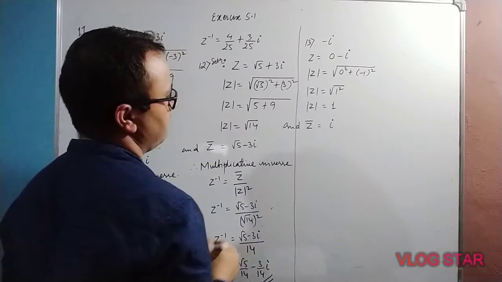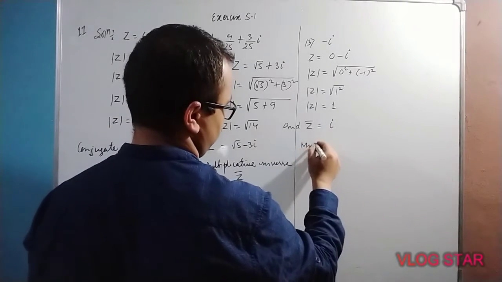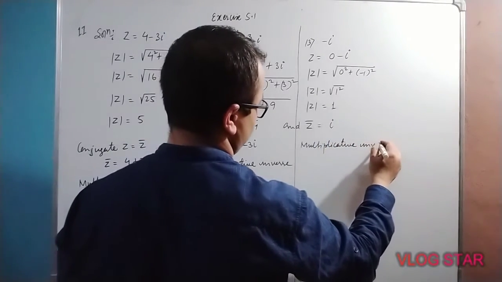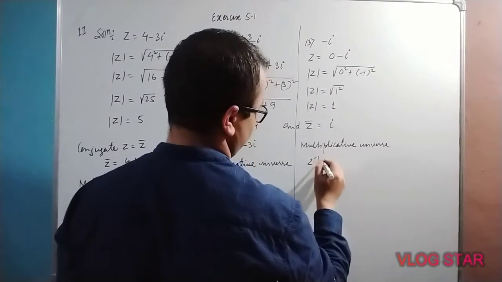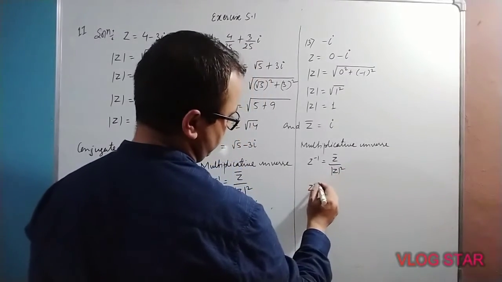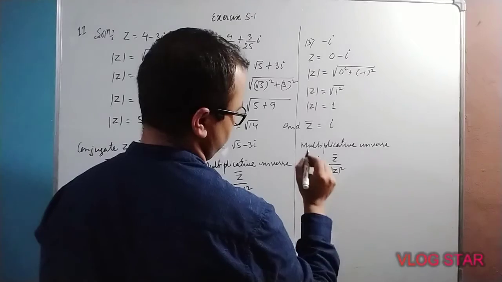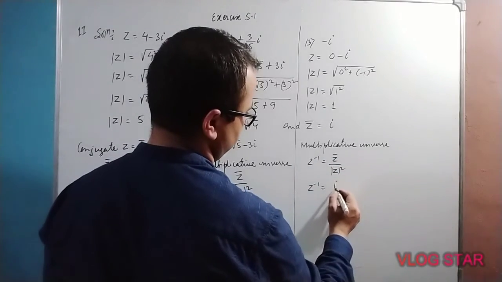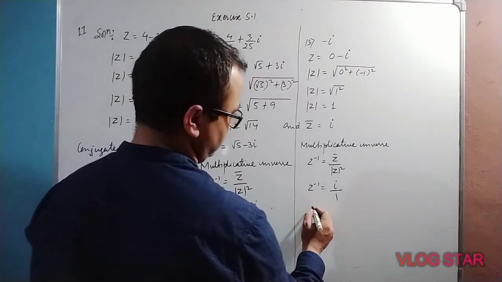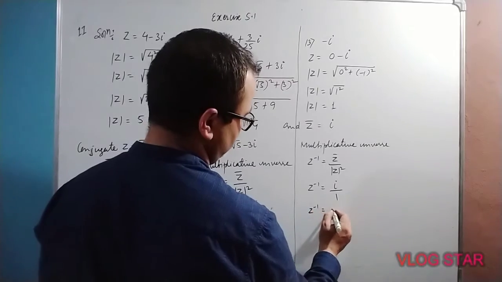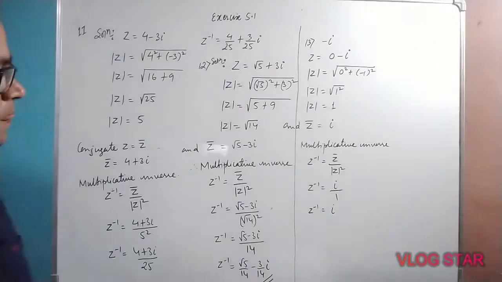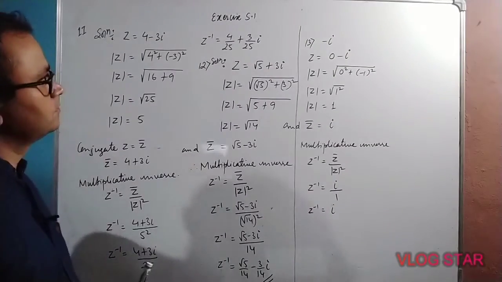Therefore the multiplicative inverse, z inverse, equals z conjugate divided by the square of the modulus, which is i by 1. So z inverse equals i. Now this was question number 13.